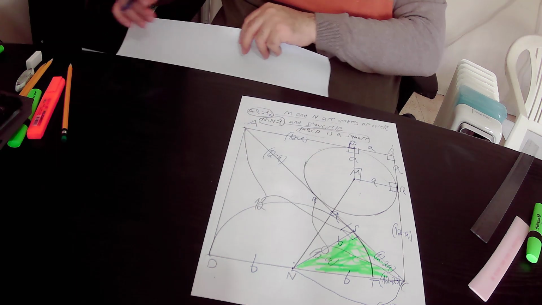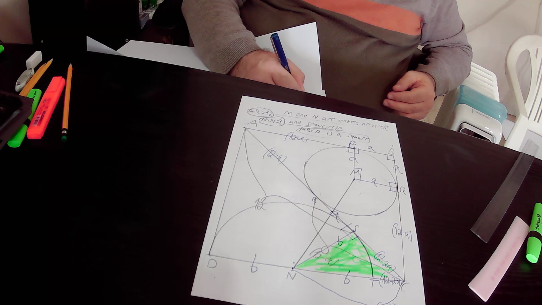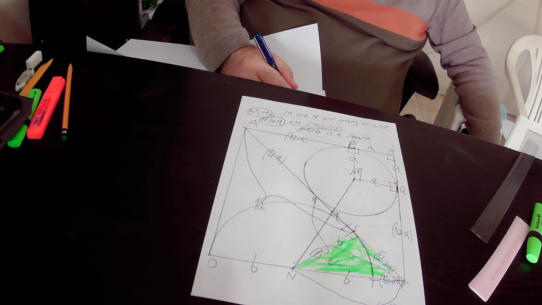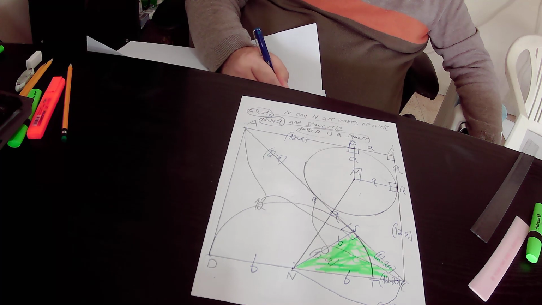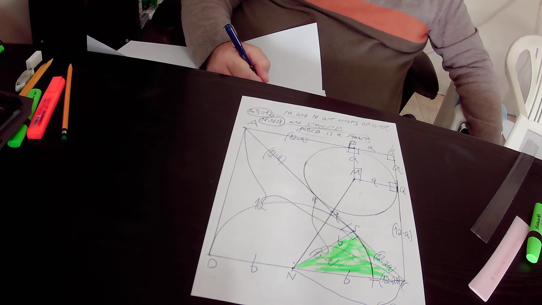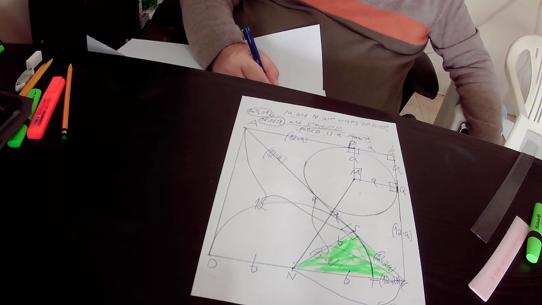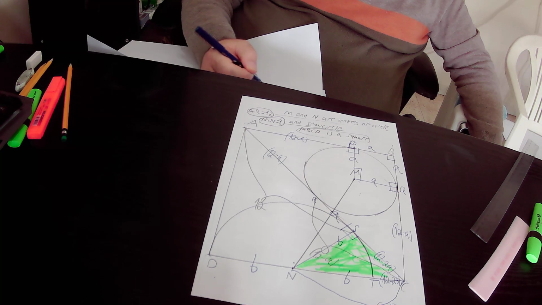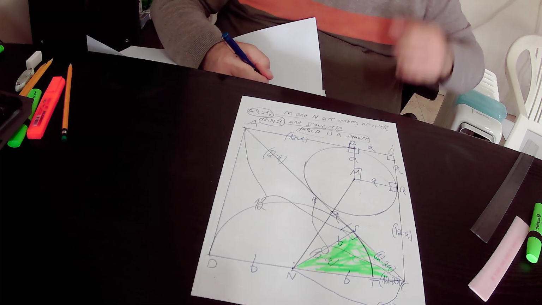So according to equation number 2, NC is 12 minus B, so NC squared will be equal to (12 minus B) squared. It equals NS squared. NS is B, so NS squared will be equal to B squared plus SC squared.